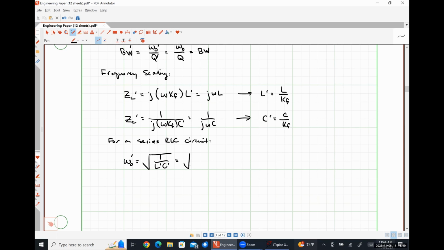Will be equal to, so I'll just have LC in the denominator, and I should have KF squared in the numerator. So that's KF times square root of 1 over LC, or KF times omega naught. So our scaling factor literally just linearly scales our resonant frequency, which is the point of frequency scaling.